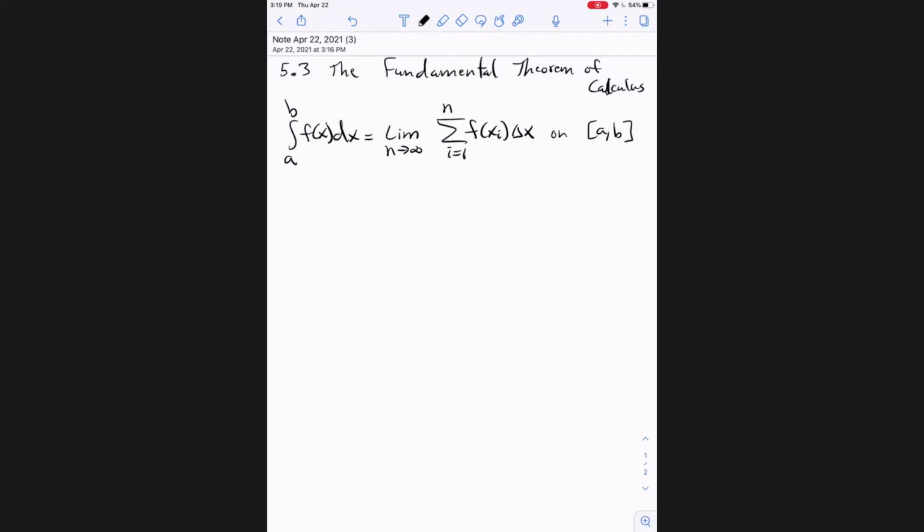Then after half an hour, you get your answer. But now with the fundamental theorem of calculus, I'm going to show you how you can calculate the area underneath the curve really quickly. There are two parts to the fundamental theorem of calculus.